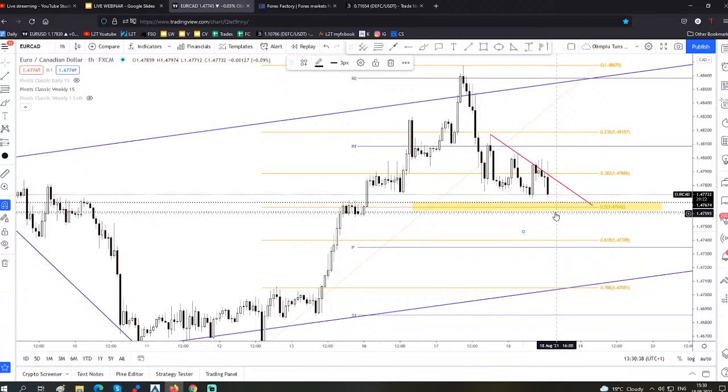So we could have here something like a triangle, falling wedge pattern, but we'll have to wait maybe for a valid breakout from this pattern here, maybe for a new higher high here, to maybe signal that this pair will turn to the upside again, if of course it will stay stabilized above all these immediate support levels.